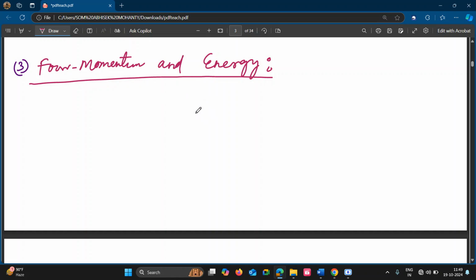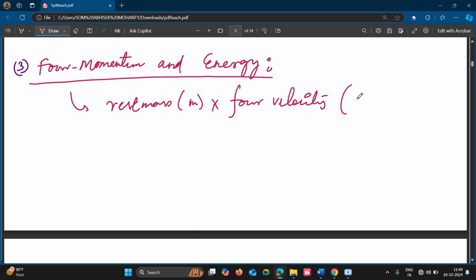We can define 4 momentum of a particle as the product of a particle's rest mass and its 4 velocity. So the fourth thing is always involved here. It can be written as the product of rest mass m and 4 velocity, which is your u alpha.